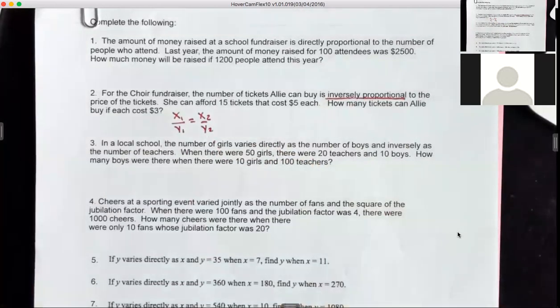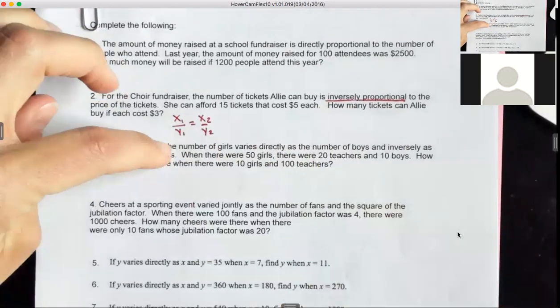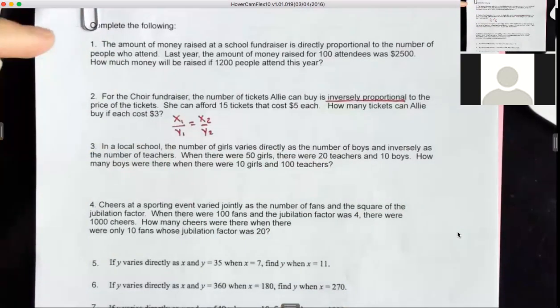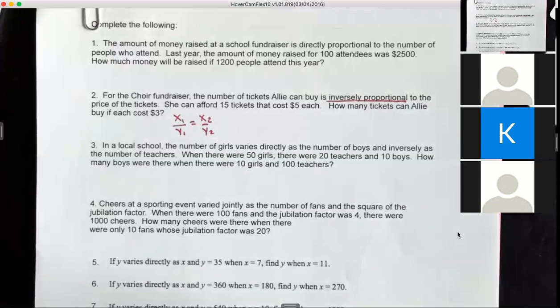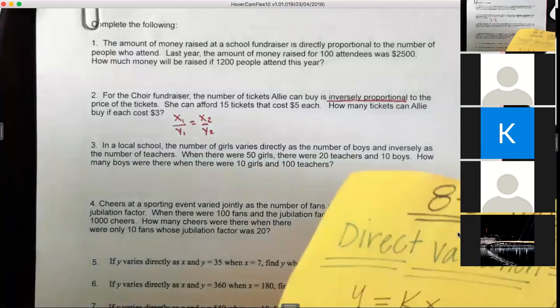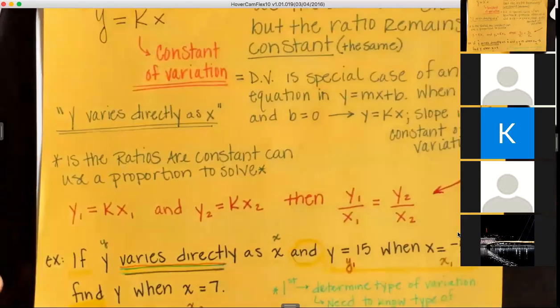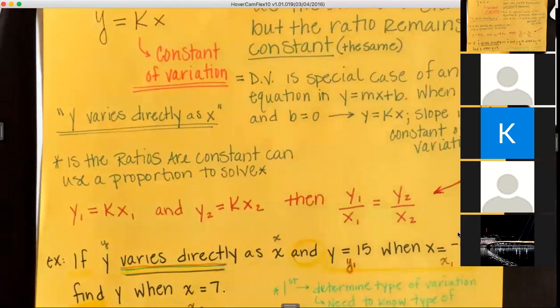I know Sabrina had asked, and I kind of typed it back to her, where these proportions keep coming from. I've mentioned it a couple times, and in our notes, where these problems are typically done. Again, I mentioned Khan Academy, and I found it at another site too, where it was direct variation for Algebra 2 high school.